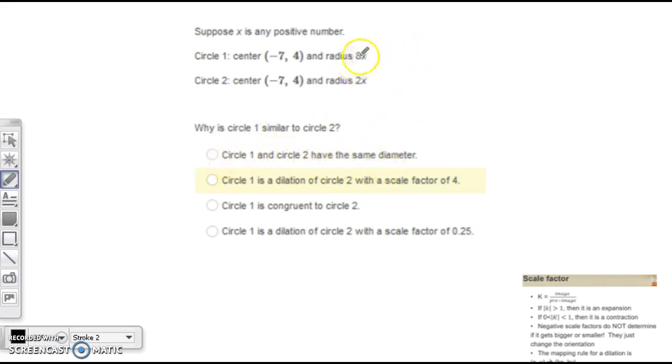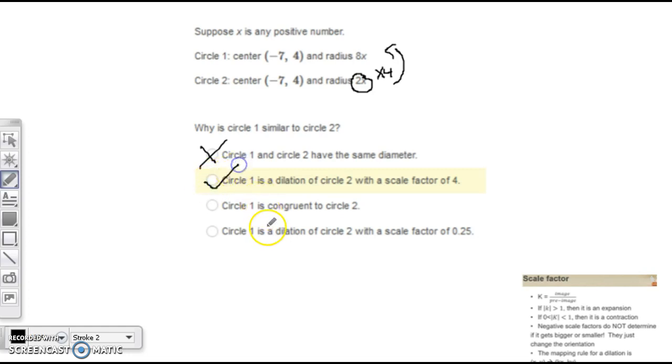Well, that's not true because if we start with circle 2, we take 2 times 4 to get up to 8. So we are making our radius 4 times bigger. So they're not going to have the same diameter. Circle 1 is a dilation of circle 2 with a scale factor of 4. I think that's a winner.